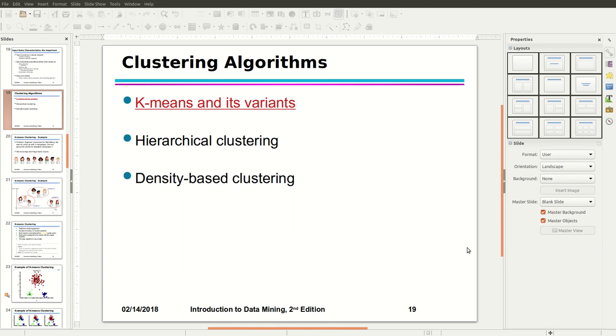If it is a high distance, that is a distant object, then the probability of it being selected as a new centroid is going to be high. So instead of randomly selecting a centroid, you select a centroid with higher distance having higher probability. So I'll show you that.